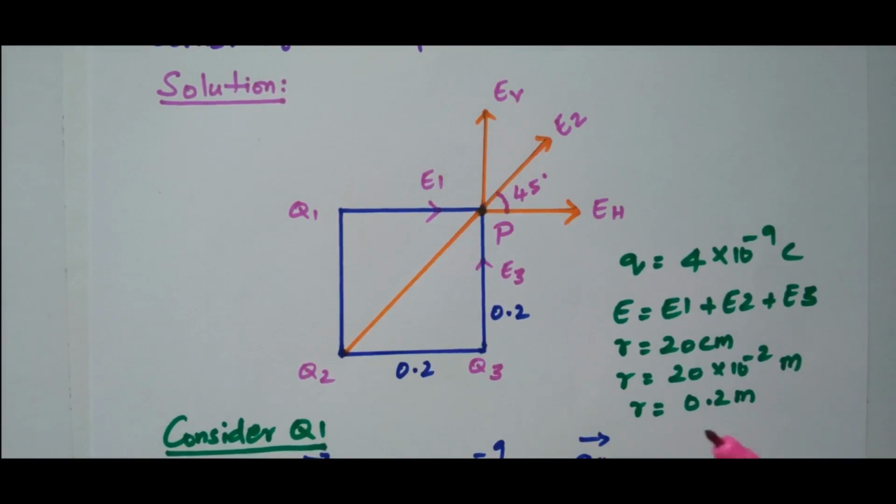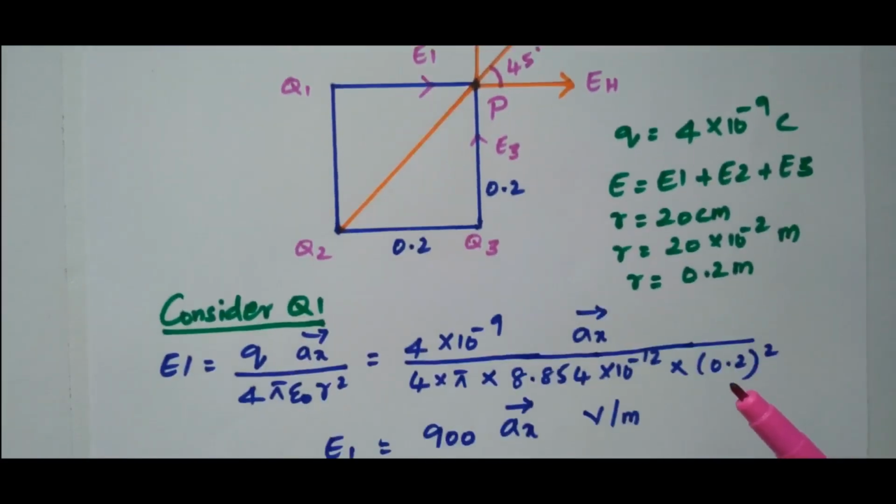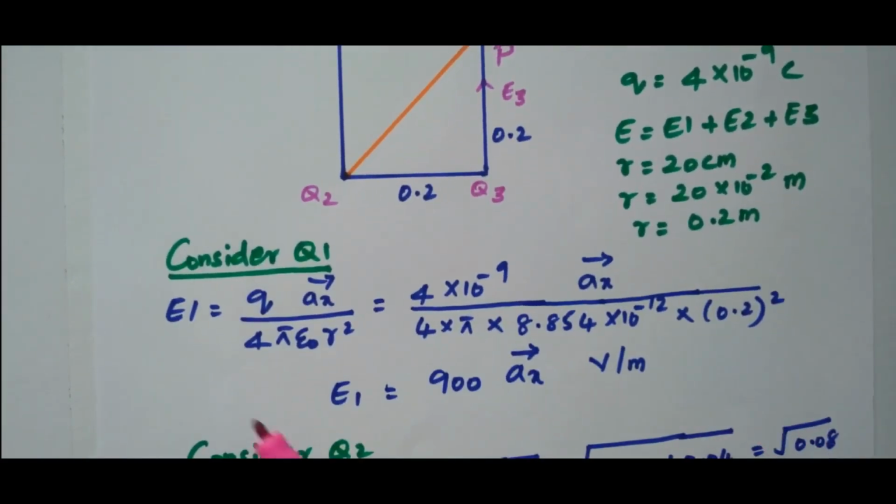Right? So first we'll consider the charge Q1. It is very simple. E equal to Q divided by 4 pi epsilon R square. That is the formula, with a unit vector. Because Q1 is located in the same line, there is no other component, only E1. So E1 equal to Q divided by 4 pi epsilon R square.